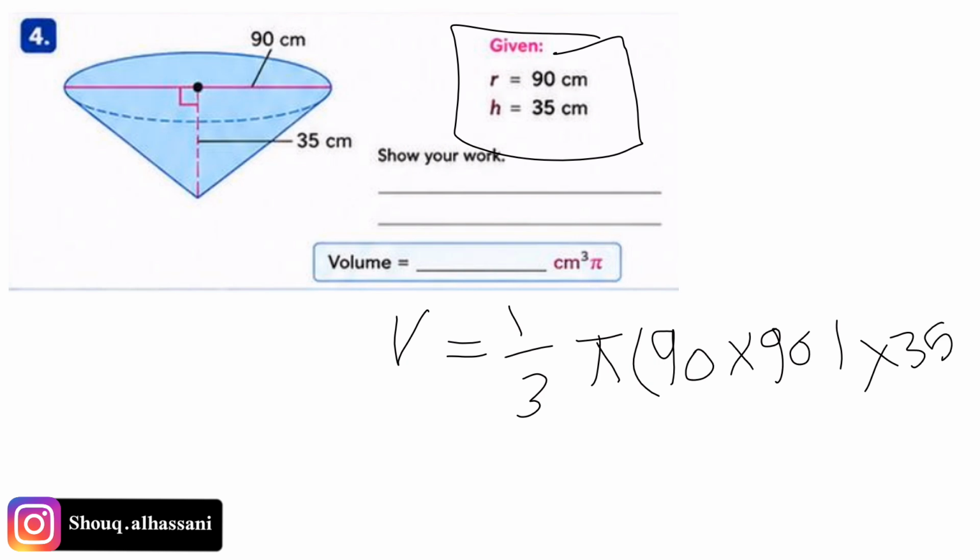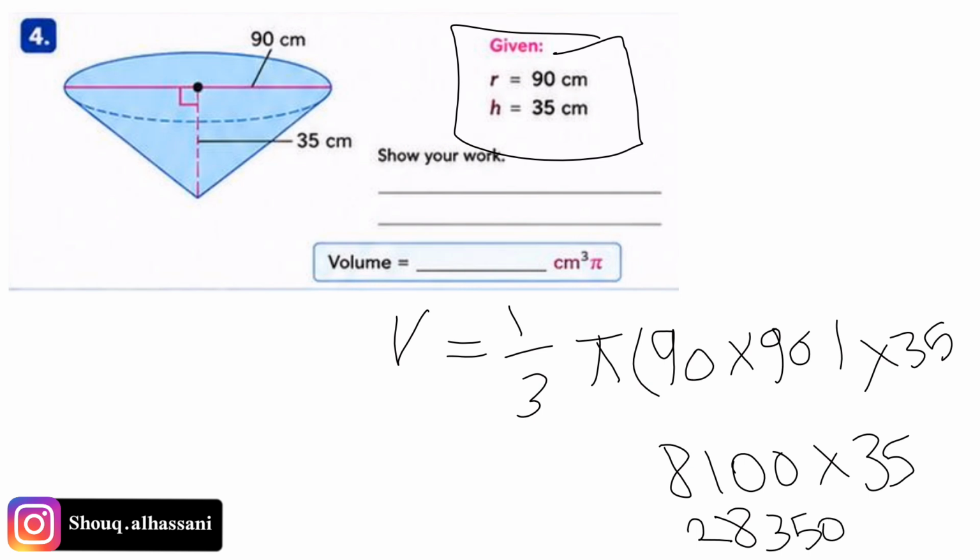So 90 multiplied by 90 is 8100, multiplied by 35 is equal to 283,500.